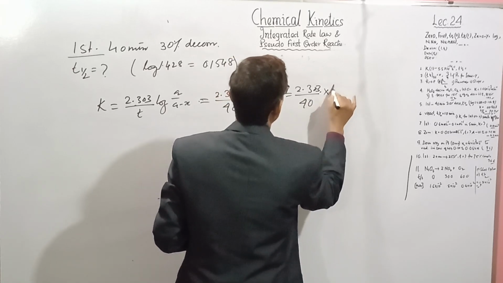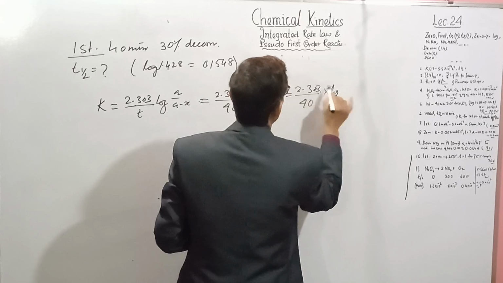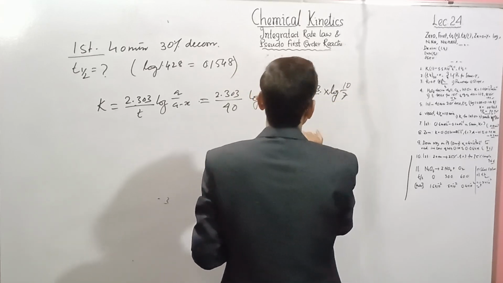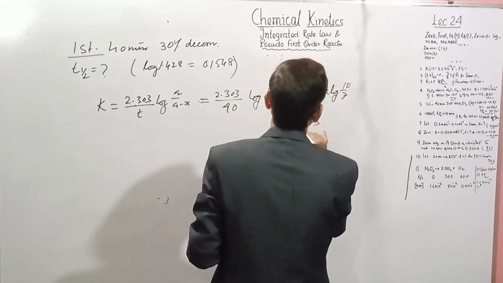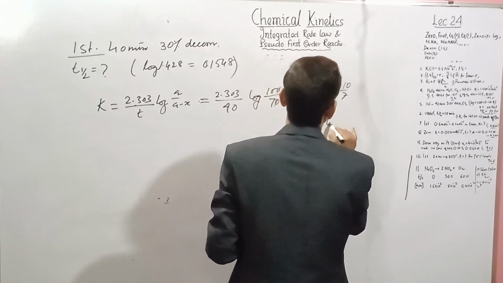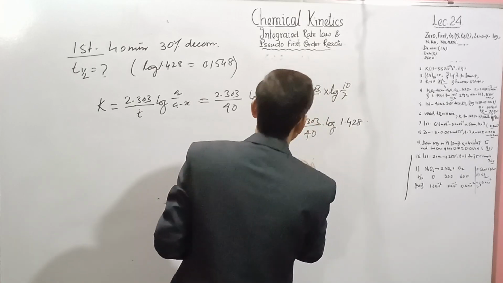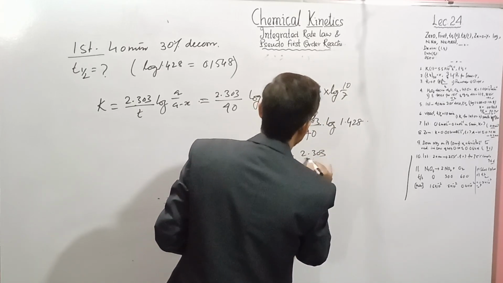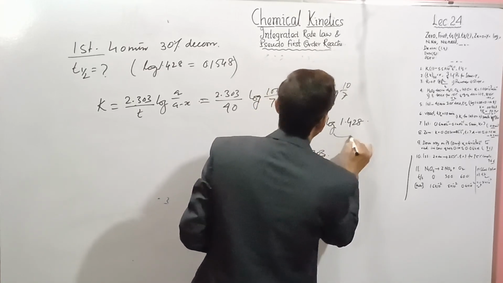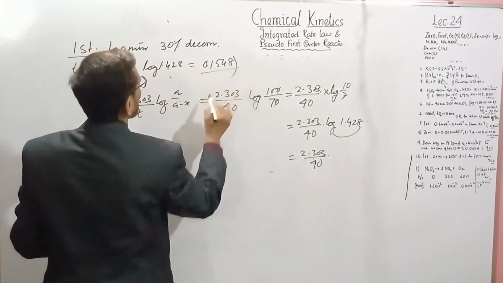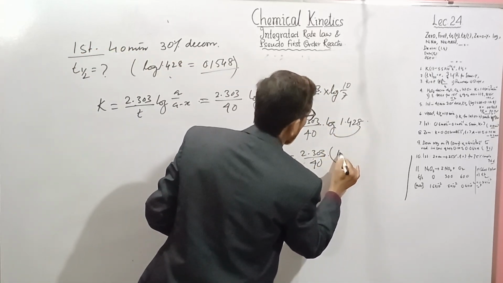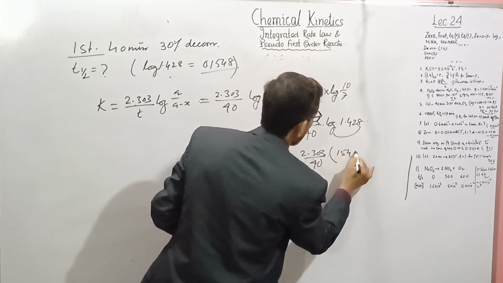So you are getting 2.303 by 40 into log 10 by 7, and that is equal to 2.303 divided by 40, and log 1.428 is equal to 0.1548.